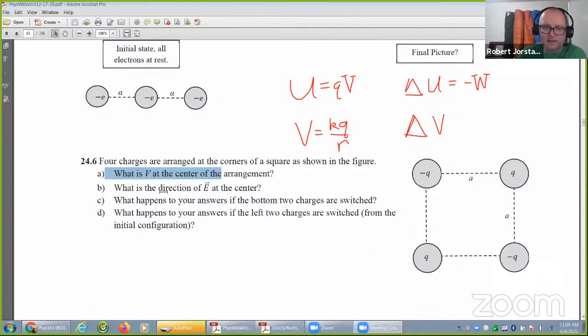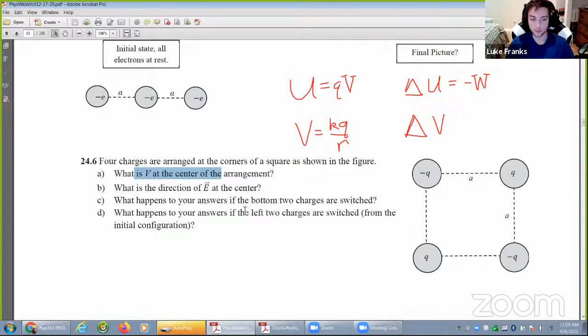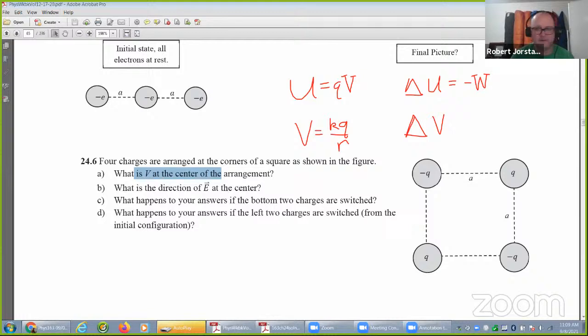And so now let's look again at this problem here. What is V at the center of the arrangement? What do you think? Would it be 0? Yeah, it's 0 because if I'm sitting, let me get my annotation back up here, if I'm sitting right here, I have the same distance from all of these, right? I'd have to think carefully.